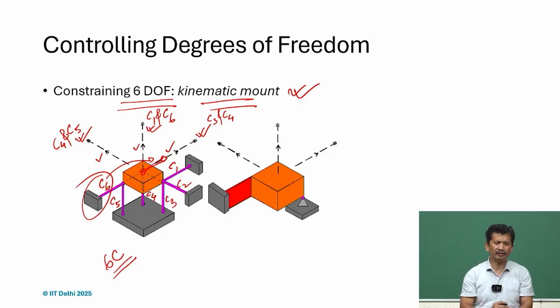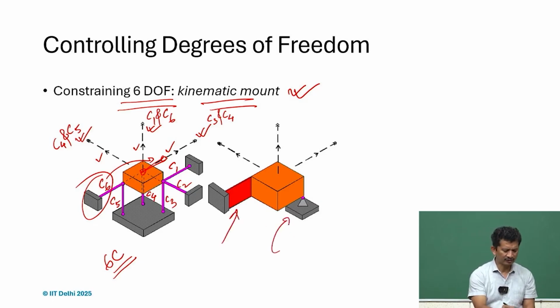But this is the approach, and then we can try to find different equivalent designs, and sometimes we can also replace them with these kinds of artifacts. So, like C1, C2, C3, we know that is like a ball joint. So, we can also have this.